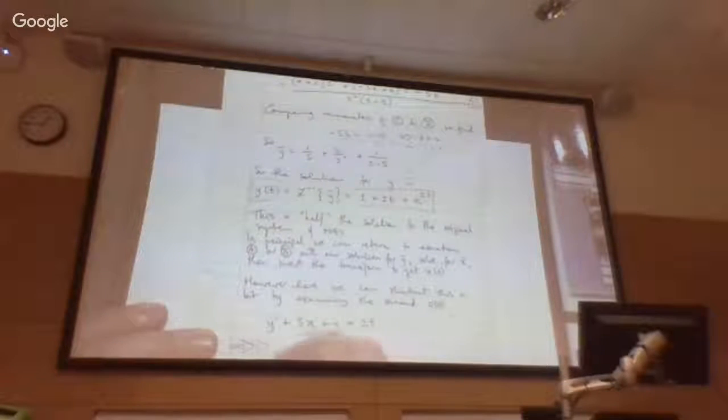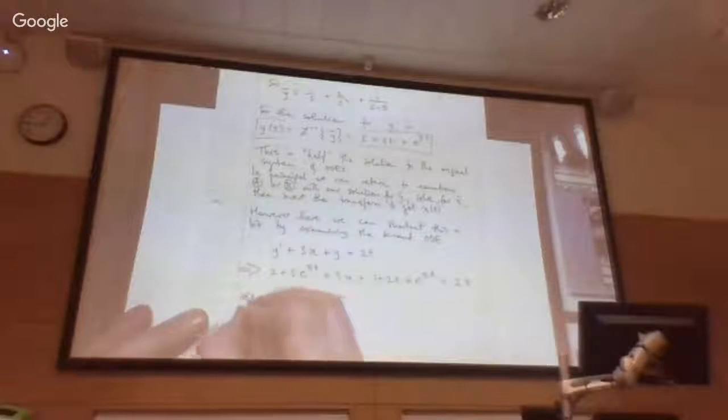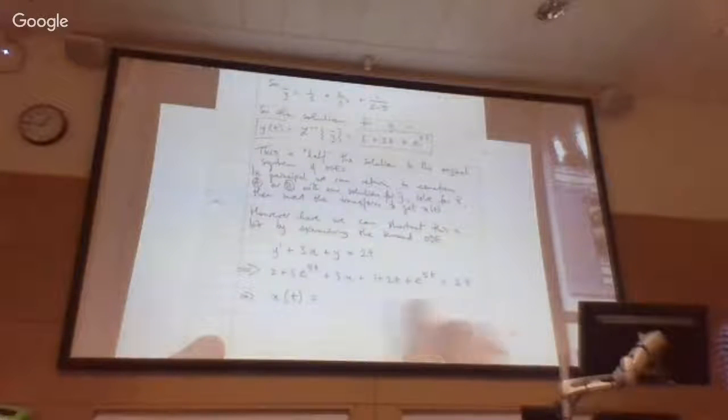So the derivative of y is 2 plus 5e to the 5t. 3 times x plus 1 plus 2t plus e to the 5t is supposed to be equal to 2t. And we can pretty quickly solve that for x. X, which is a function of t, after all. And so what's going on here? Constants, there's a 2 here, and a 1, that's a 3, move across into minus 3.